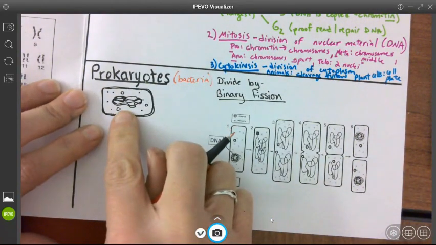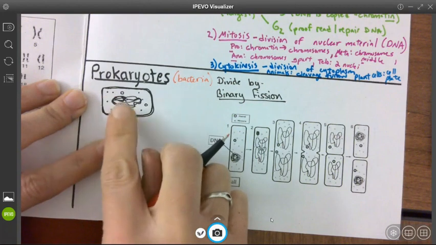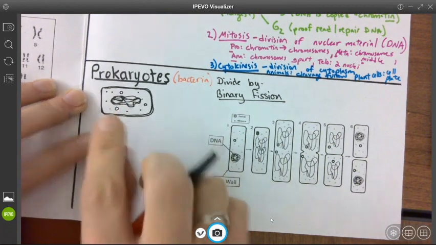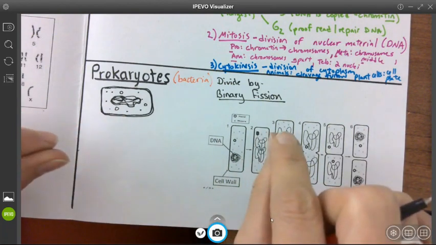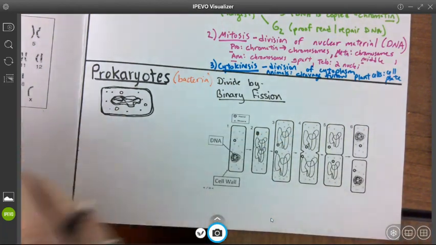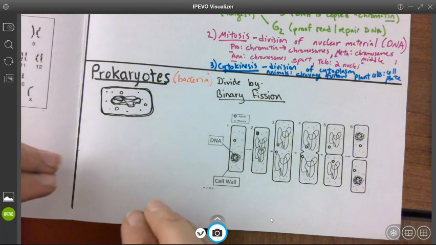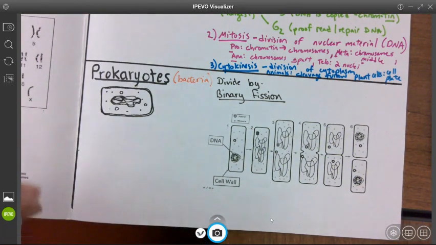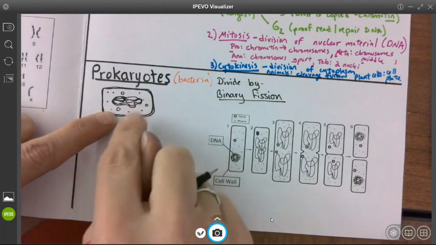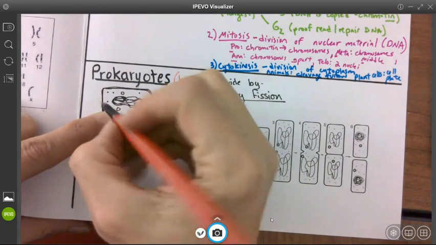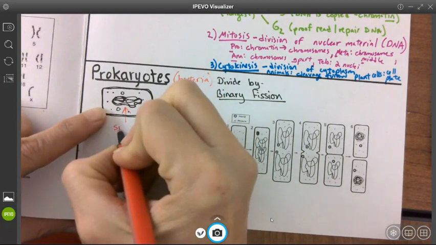So if this is the DNA right here, prokaryotes are a little different because we know eukaryotes have linear strands of DNA, okay, that are replicated, and then we have to make sure all those linear strands get to all the different cells. For example, humans have 46 chromosomes. In mitosis, we want to make sure every single cell has 46 chromosomes, right? 46 strands of DNA. Bacteria, you have the main chromosome and then maybe some little plasmids, but really we have a single loop of DNA.